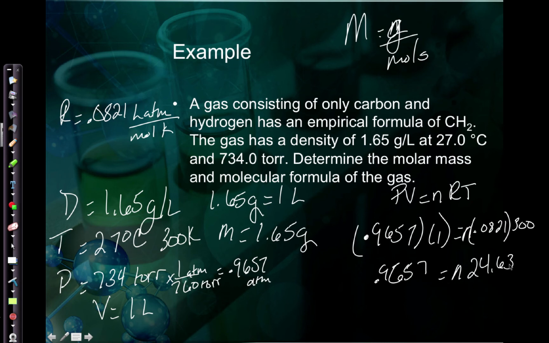Okay, so divide out the 24.63 now. So n is equal to 0.039 moles. Okay, so now I've got my moles, and I know my grams should be 1.65 at that volume. So I'm just going to stick it in and solve for my molar mass. So it's 1.65 grams divided by this many moles.